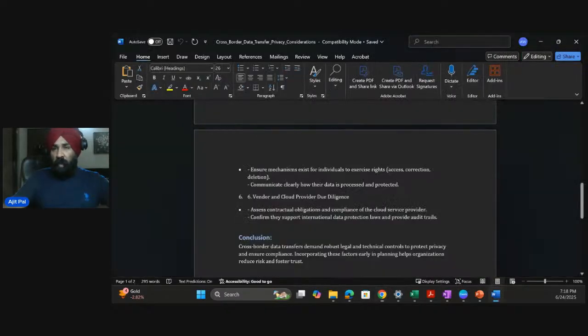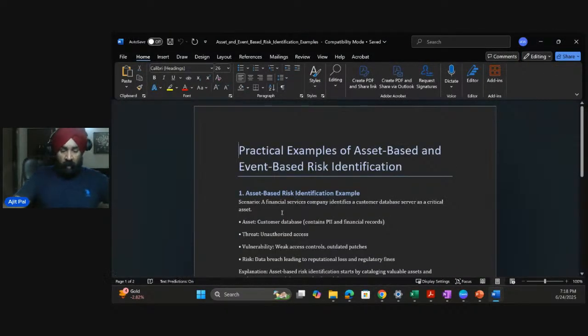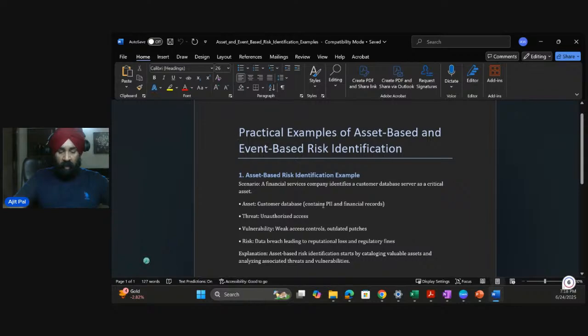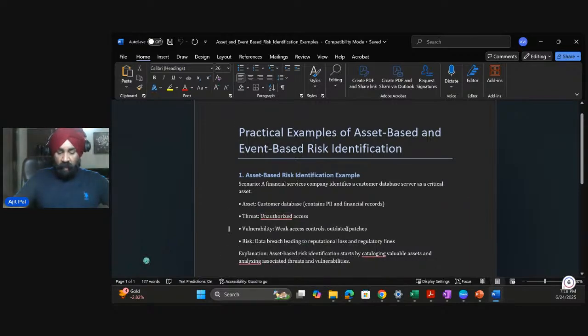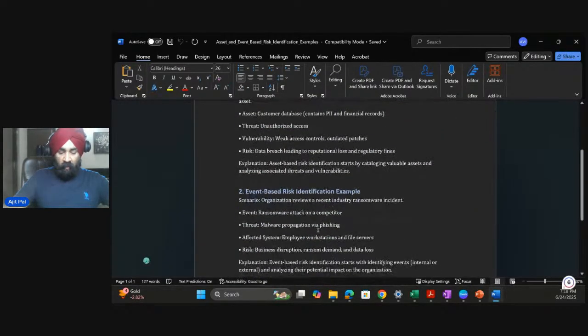So you can see it over here. Asset-based scenario: a financial service company identifies a customer database as a critical asset. So the asset is the customer database, the threat is unauthorized access, the vulnerability is weak control, and outdated patches. Similarly, you have an event-based scenario. As I already mentioned, this is on the basis of some event, like a ransomware attack on a competitor.